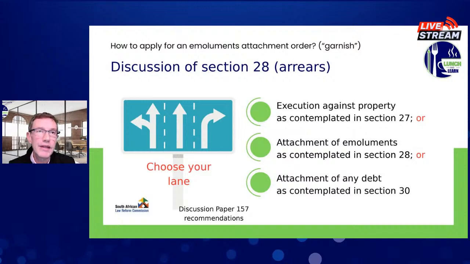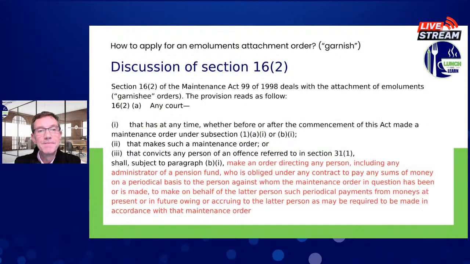But up until that stage that the Maintenance Act has been changed or the amendments have been effected or published, or even drafted properly for submission, at this stage, as the Act stands, you could only use one of the avenues mentioned in Section 28.